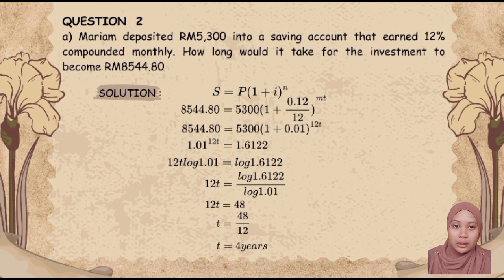So for this question, we will use the formula S equals P multiplied with open bracket 1 plus i close bracket to the power of n, where S is future value, P is principal value, i is periodic interest rate, and n is the number of interest periods in the investment period.